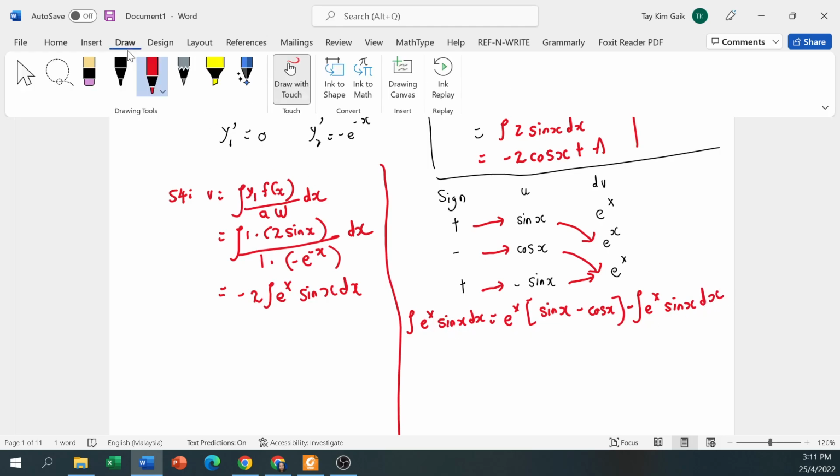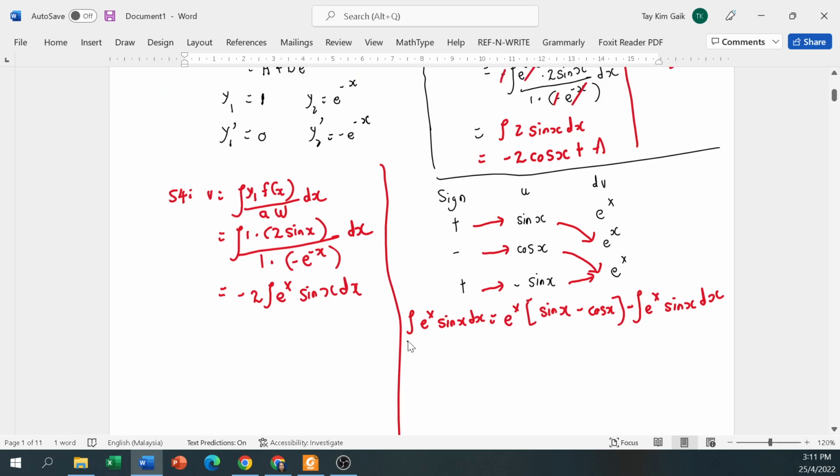We collect: on the left side, one times the integral of e^x sin x dx, and on the right side, negative the integral of e^x sin x dx. When you collect, you have two times the integral of e^x sin x dx.